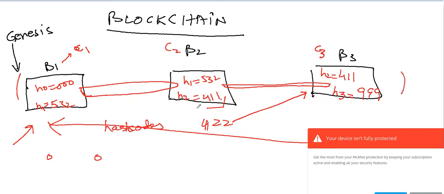So if any one of the terminals tries to corrupt any of the blocks, then the others also know about this, because they can see that someone in the network, let's say B2 in this case, has changed the blockchain. The other terminals immediately come to know about this.